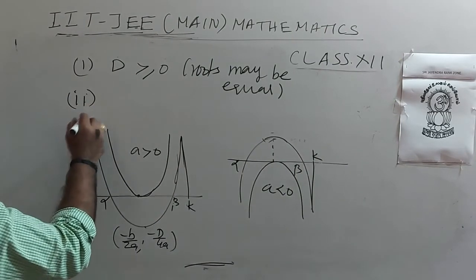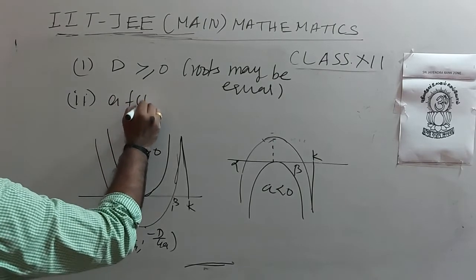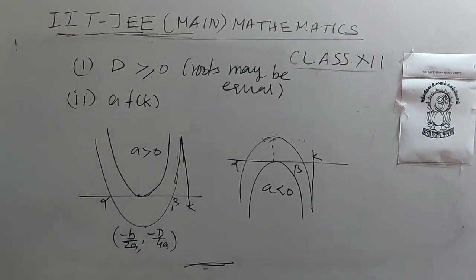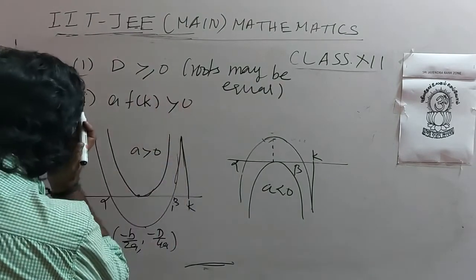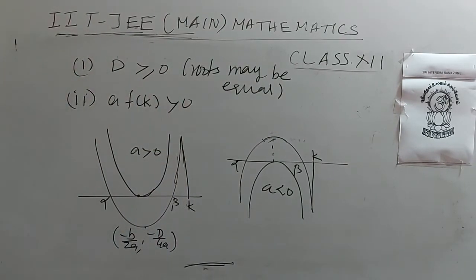The first condition, D greater than or equal to 0. Second condition, a into f of k greater than 0.